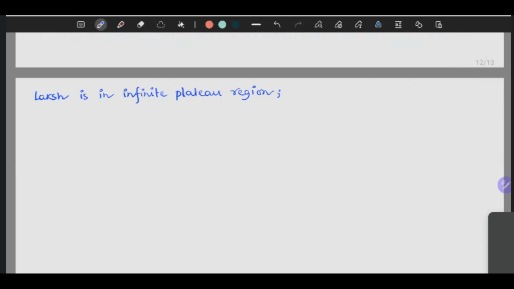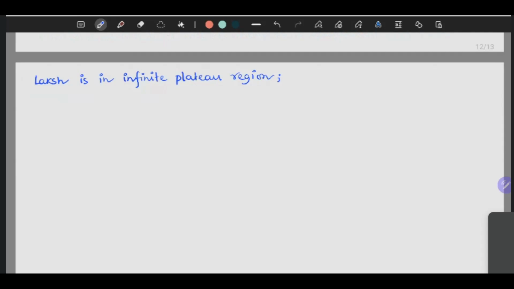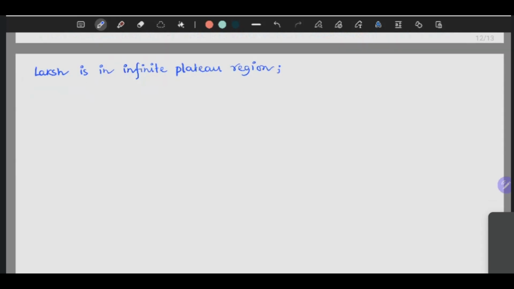Okay, so if he is in an infinite plateau region, let's say the cliff is 1 foot to his left.